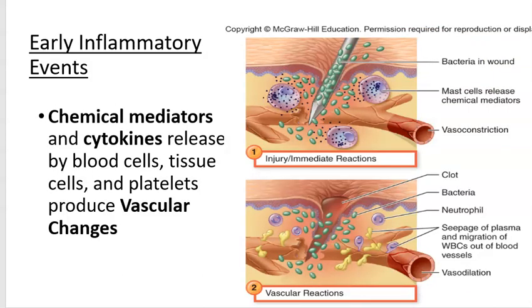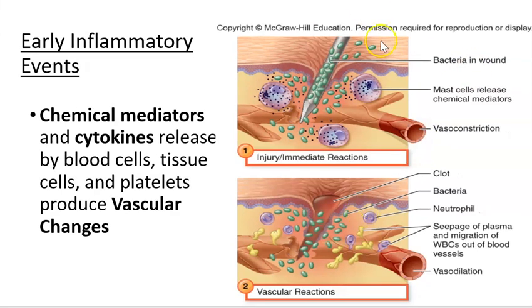When we look at this early event, I stole this figure from a different textbook that's out there, so you can see during this early process here, you're going to be releasing these various chemical mediators into the surrounding area. And one group of them is what's known as vasodilators.